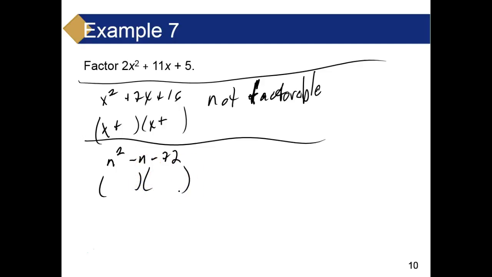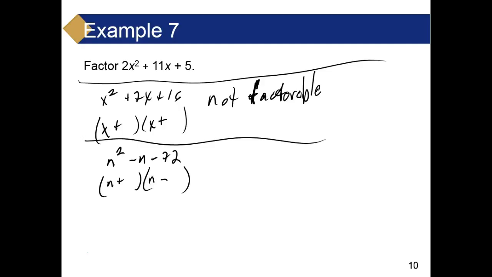It's a trinomial, okay? Where do we begin? Okay, n squared is going to be n and n. And where do we look next? The sign of the last term is negative. That means these are plus and minus, okay? Now we're looking for two numbers that multiply to be 72, but differ by only one.